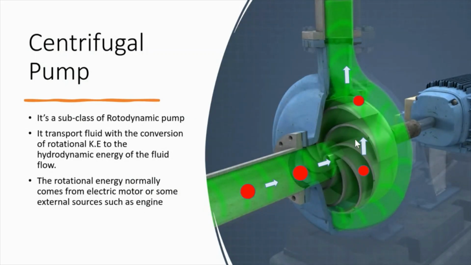There's another misconception that there is a huge pressure drop in here, and that pressure drop forces the liquid to move from this point to here, and then at the same pressure it moves the fluid from this point to here. But that's not how the centrifugal pump works.